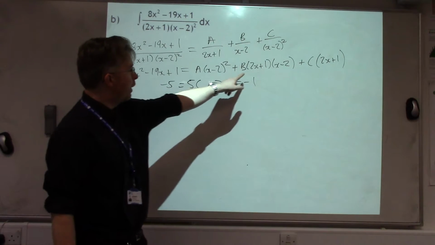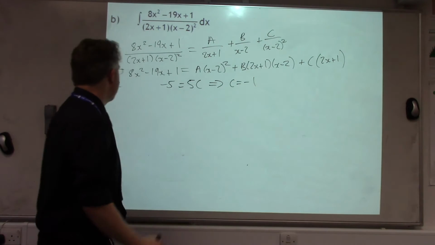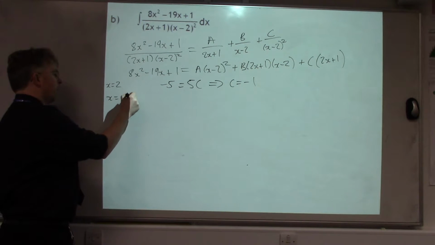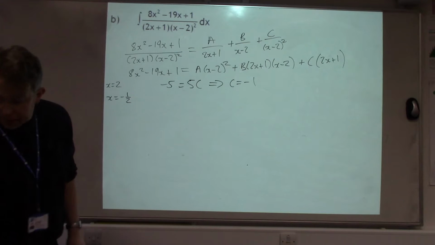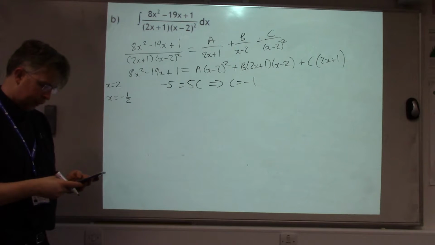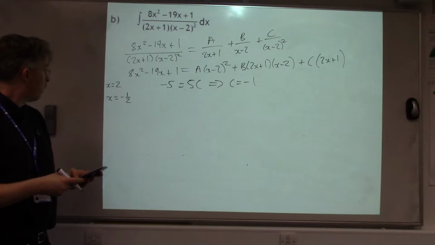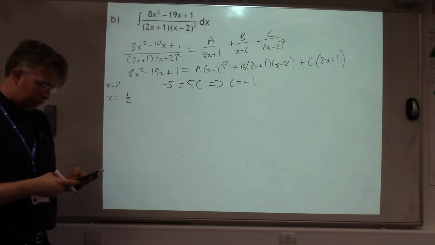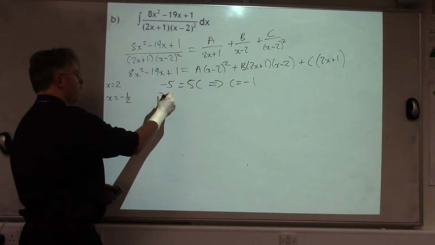Look at the other bracket, 2x plus 1, x is minus a half, which will cancel that out. Stick it into the left hand side. We get 25 over 2.